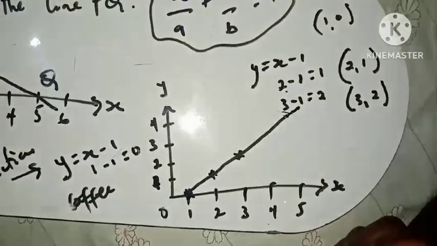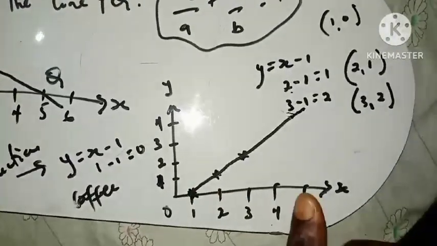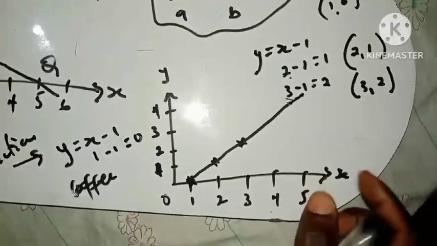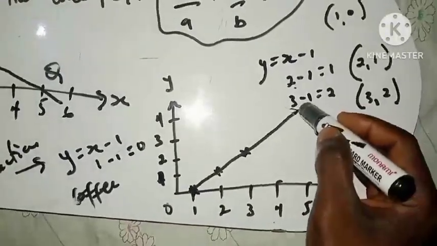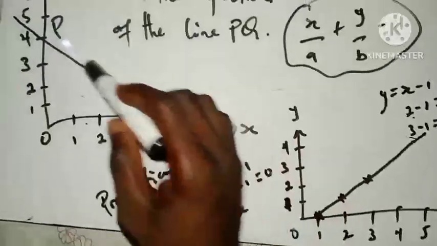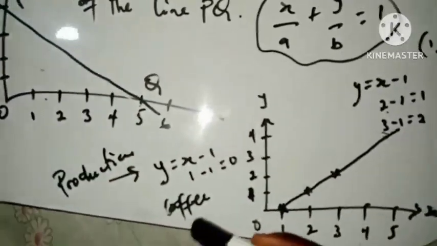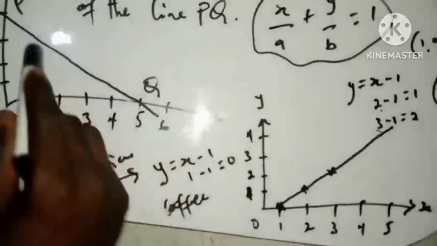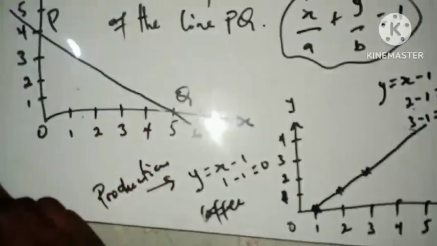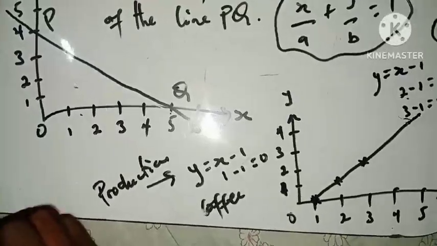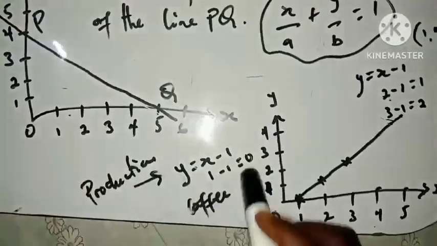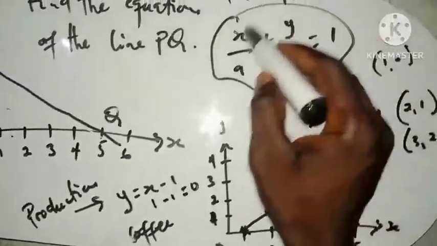So that is the fair idea of how the graph is supposed to look. Now, since we already have the line according to this question, we want to determine which equation gives us this line. That is very simple. The tool that we are going to use once again is exactly this one.